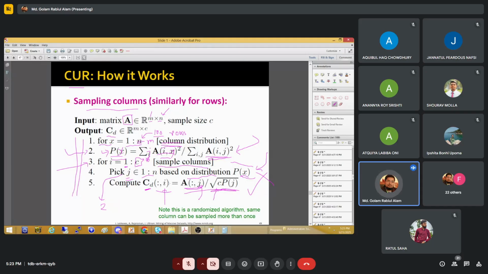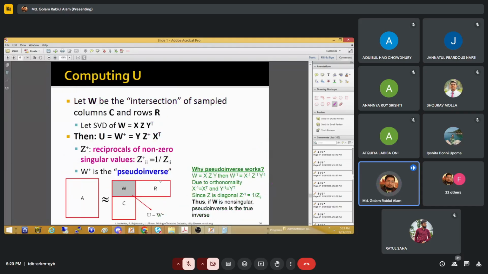But now what we have to do, we can select row and column. Now the next thing is, how can we calculate U, so U will be W plus. Then what will be the W at first?